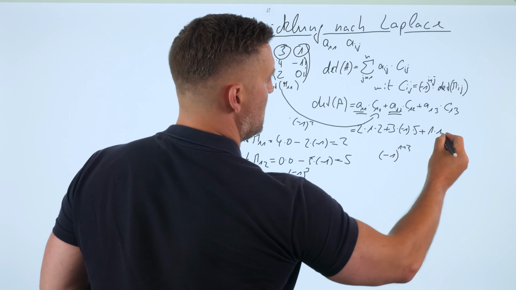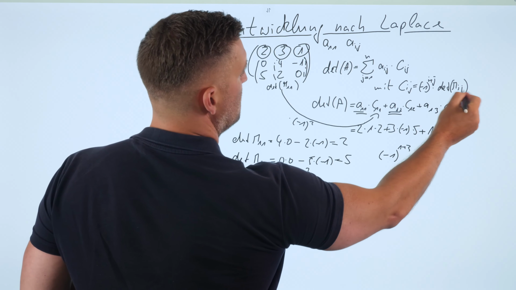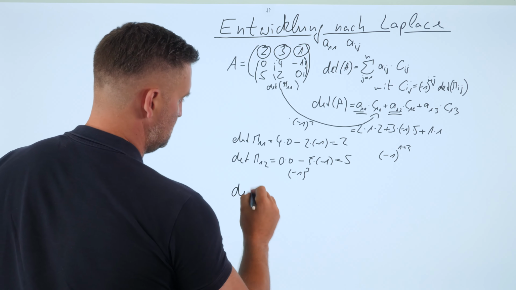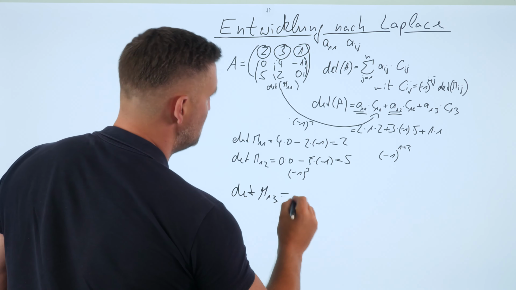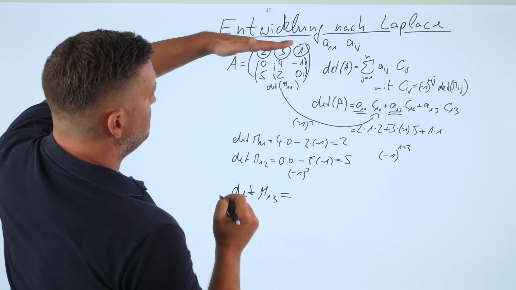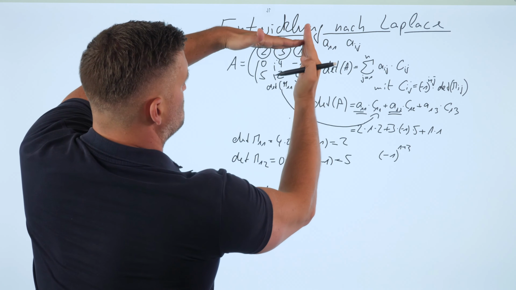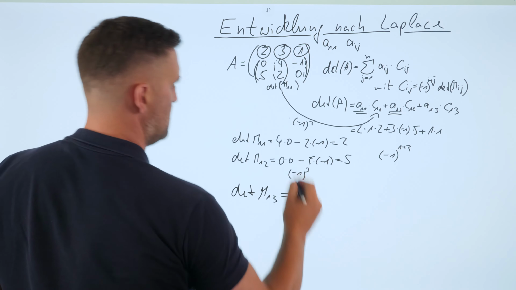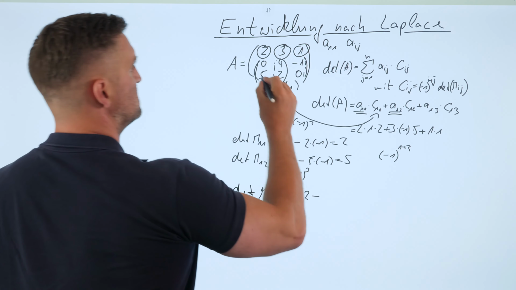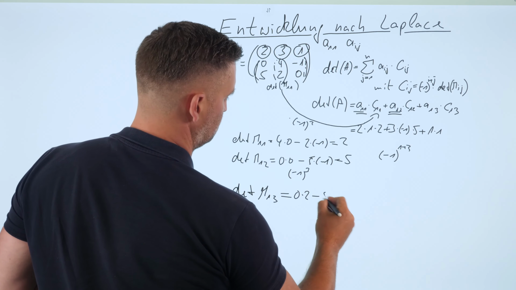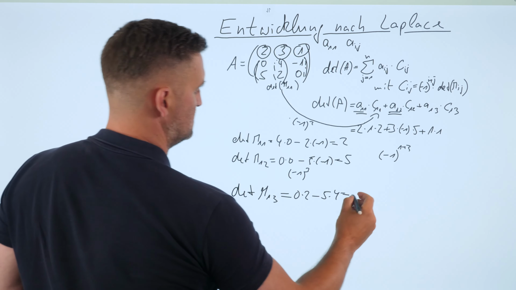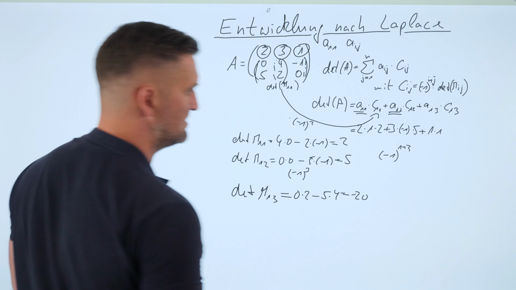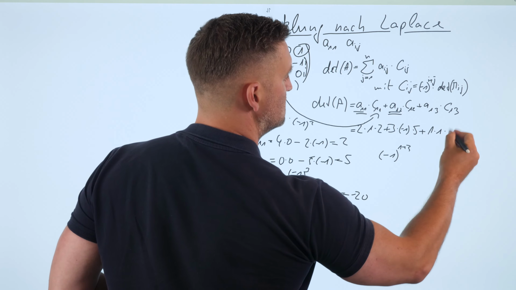Minus 1 to the power of 4 is again 1, and then we still need M1,3 and its determinant. Cross out the first row again, cross out the third column, and what's left is 0 times 2 minus 5 times 4. That's a total of minus 20.